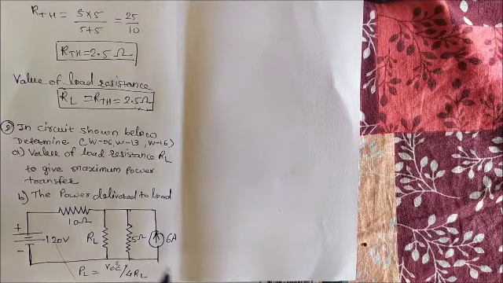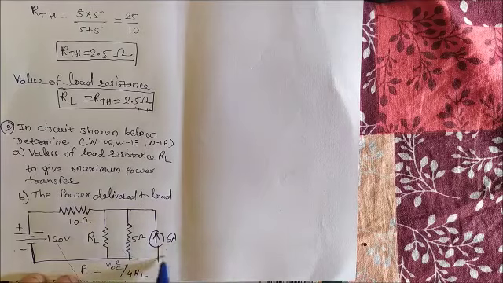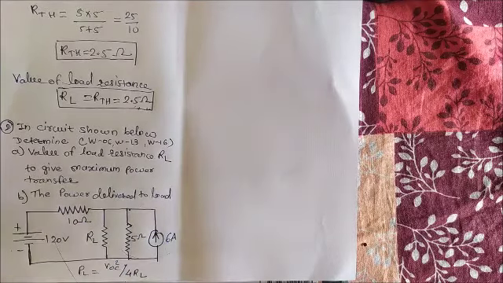Okay, so we have to calculate this. First of all, we have to convert this 6 ampere current source into equivalent voltage source by using source transformation. Now what is source transformation?